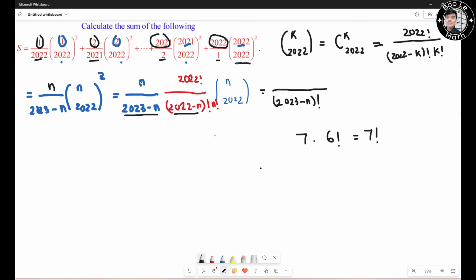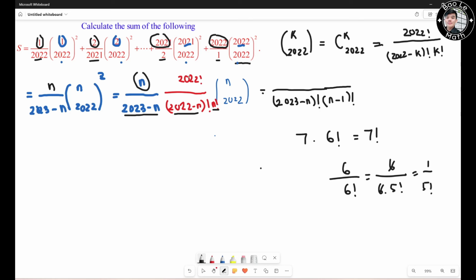Now look at the top and bottom: this is n and this is n factorial. For example, 6 over 6 factorial is 6 over 6 times 5 factorial, so I cancel out and it becomes 1 over 5 factorial. So it's going to be (n minus 1) factorial.